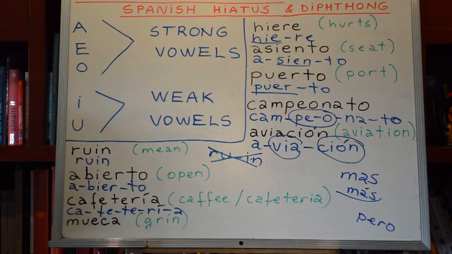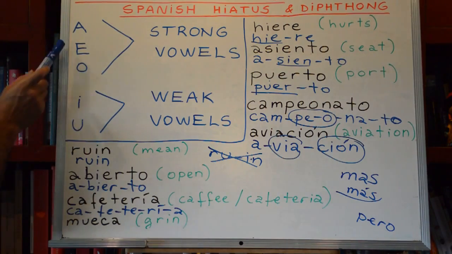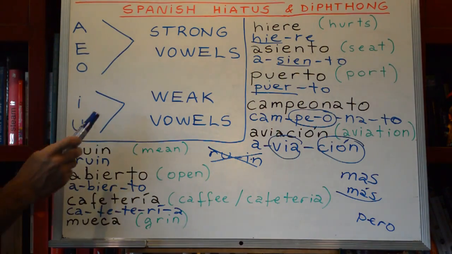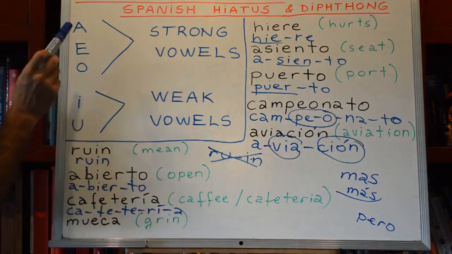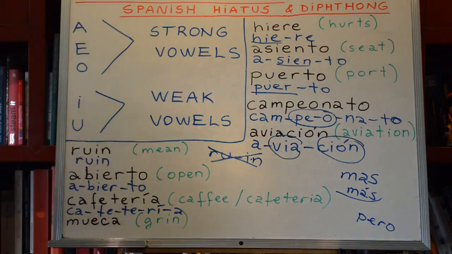Mueca. So here we have again two vowels together, U and E. U is a weak vowel, E is a strong vowel. So the weak vowel needs to stay together with the strong vowel.